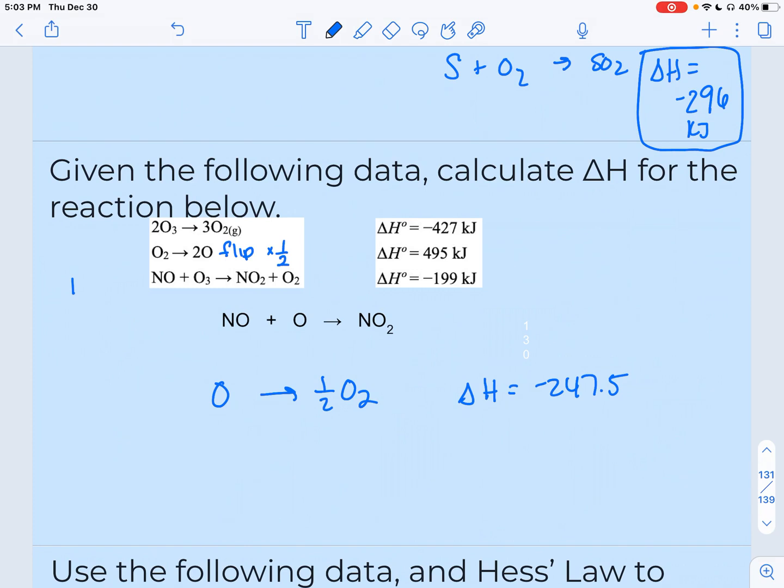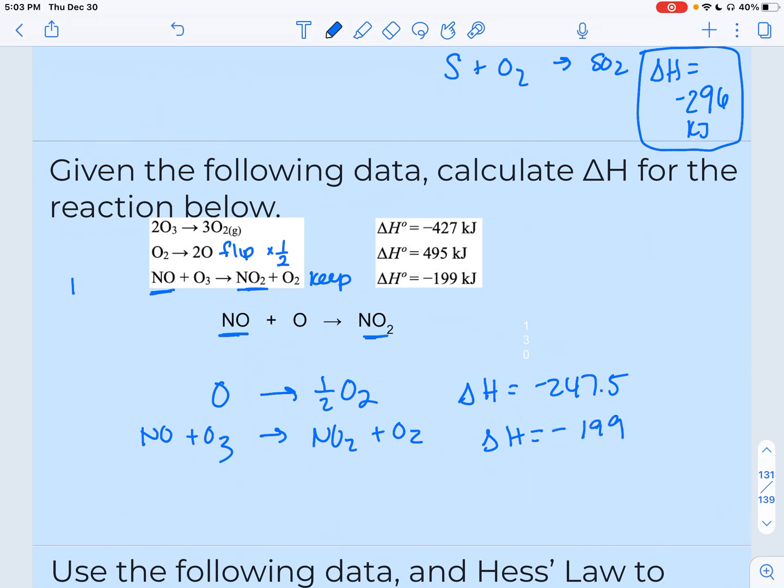So then I'll go to the third one. I have NO, and that's the only places NO has. Also NO2, so we don't have to do anything to this one. And so our delta H will stay at negative 199.